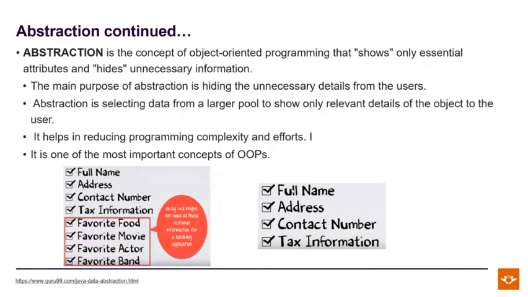Okay? So abstraction is about showing only what's necessary and hiding the unnecessary. So we reduce what a person can see or access by abstracting only what they need to see. Objects allow us to protect and control data. They allow us to protect and control methods by only giving access to what is relevant and needed. It also reduces complexity and effort, and is one of the most important parts of OOP by only exposing what is needed.